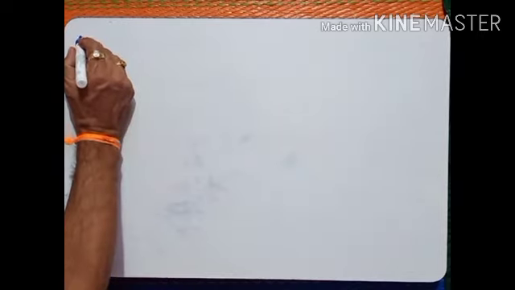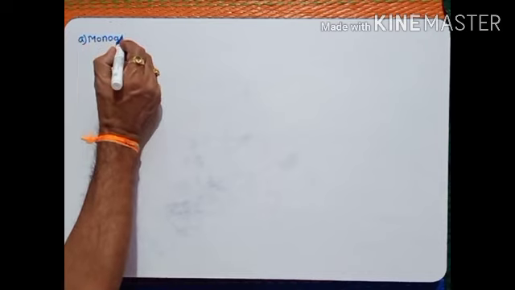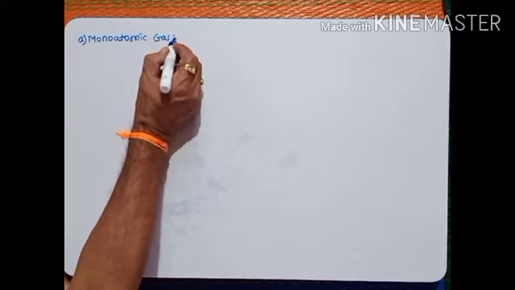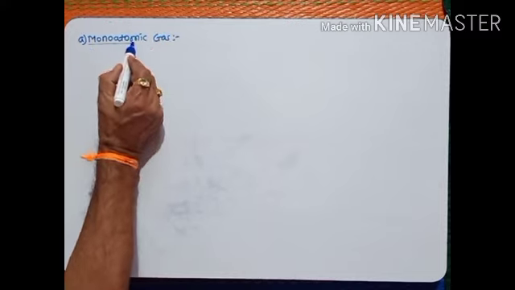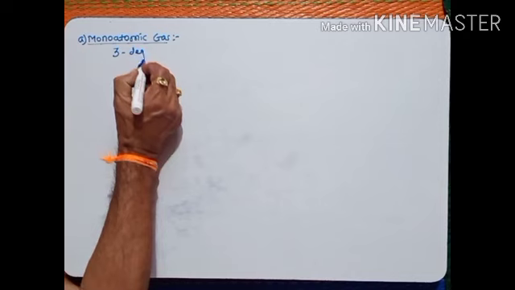In that we consider first case, monoatomic gas. Here we consider only one atom of the gas, and you know that for monoatomic gas there are 3 degrees of freedom.